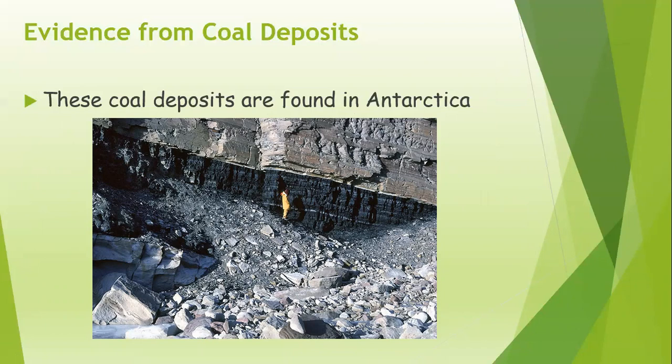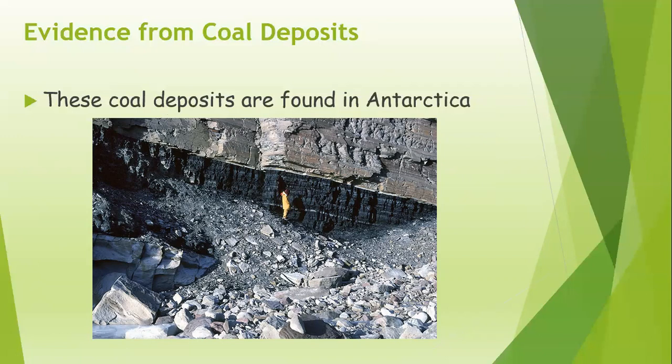Do you think a freezing continent is receiving a lot of sunshine and has warm weather and a lot of rainfall? No, right? But this coal is here. These coal deposits are found in Antarctica. How? The plant from which this coal is made cannot grow in Antarctica.